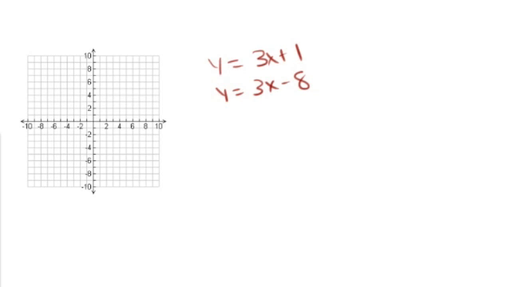I'll use black for this one. So y equals 3x plus 1. The y-intercept is 1, then 1, 2, 3 over 1, repeated.